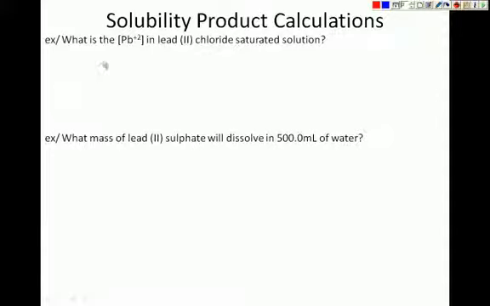Imagine we have some PbCl2, and this is going to dissolve and crystallize and make lead ions and 2 chloride ions. Here's the equation we're going to be dealing with, and if we were to come up with our KSP expression, it would look something like this.